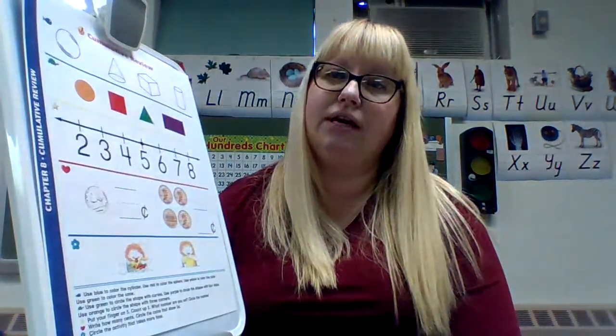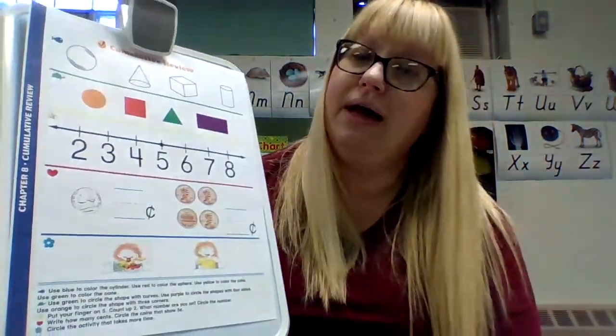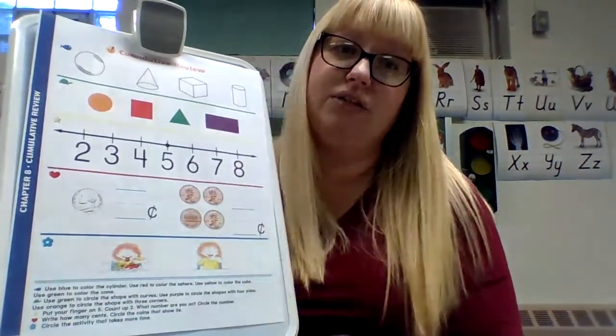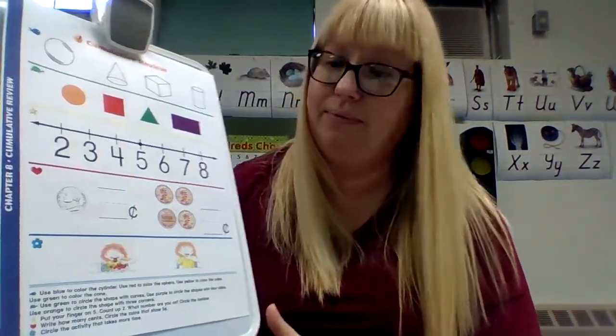I'll tell them to you one more time. Blue, red, yellow, and green crayon. You should have those out. Okay, and we're using them. You're going to be coloring all these a different color. So pay attention to what color I'm saying for what shape.